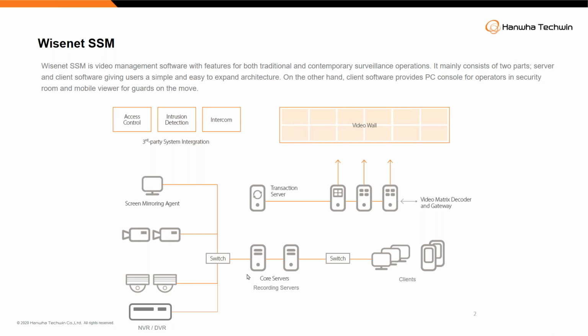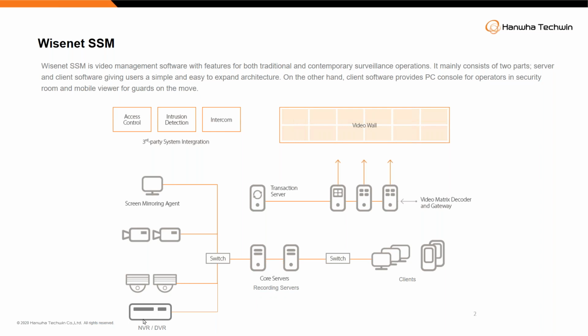If you're adding NVRs, the recording is happening on the NVR, but the server is only managing the NVRs. So there is a difference. When you add the camera directly to the server, it's recording also. Recording takes a lot of processing, so the limitation will be 128, 200, 300 per server, depending on the model number of the server.